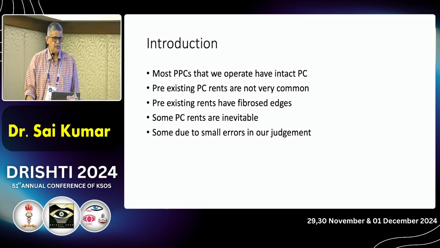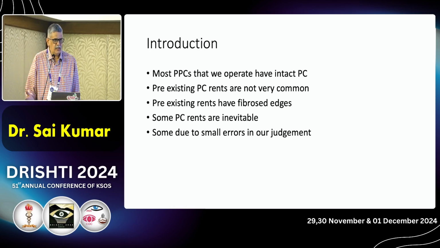Most of the posterior polars that we operate have an intact capsule to begin with. So either the capsule is so weak that it just happens, or one of your techniques during PPC is not right and you have induced a rent. That is what normally happens. The pre-existing PC rents, which we talk about a lot, if you look at the total number of PPCs that we do, are actually not many.